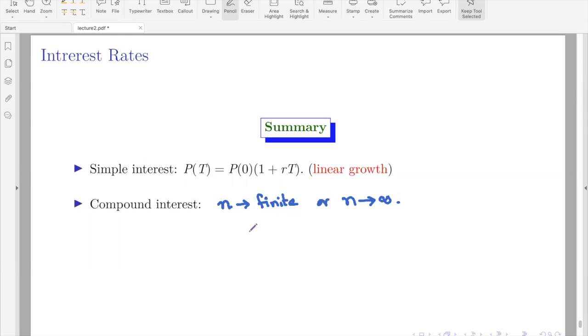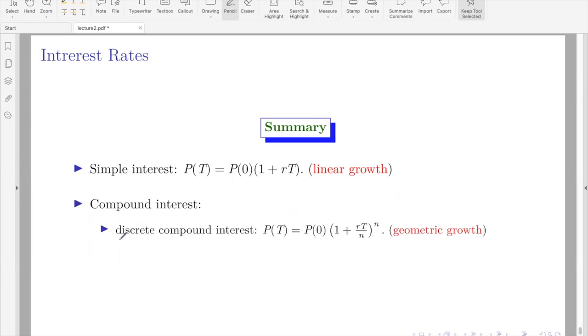To distinguish it from the case when n tends to infinity, we may sometimes call it discrete compound interest. The formula is given by this. The maturity amount P of t is equal to the principal P naught into the growth factor. You can see that in the case of discrete compound interest with frequency n that is finite, the growth factor is geometric, that is the growth is geometric.